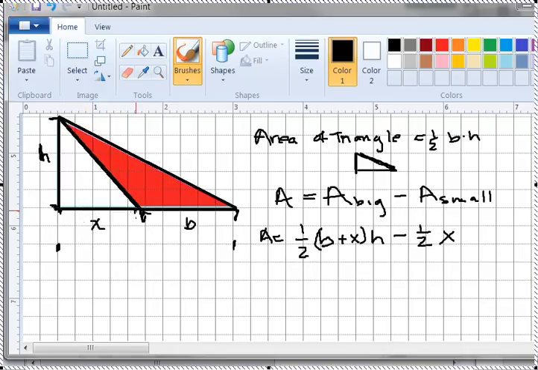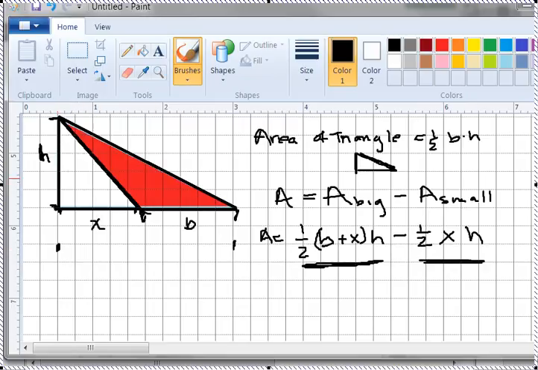It's just X, and the height of it is H. Did I confuse you folks there? See, this first one here is the area of that bigger triangle. This second one here is the area of that smaller triangle, the one on the left side.